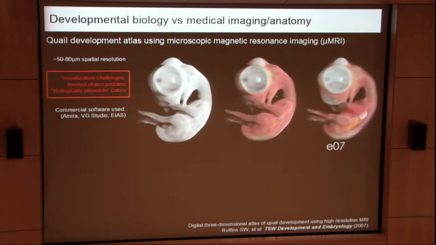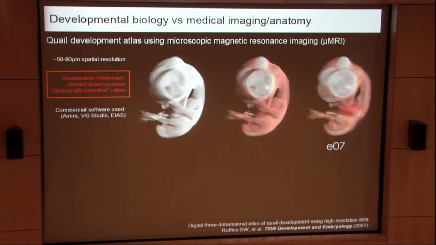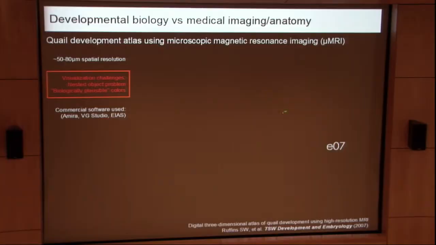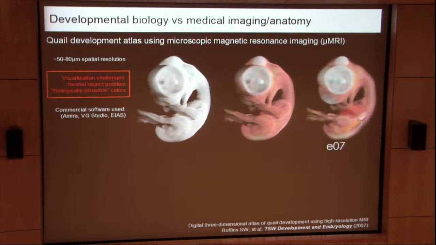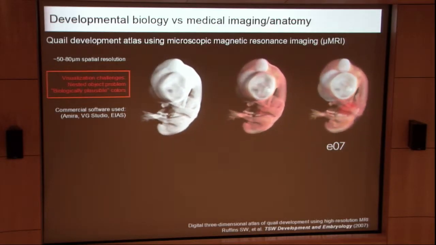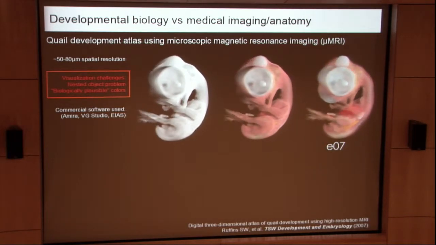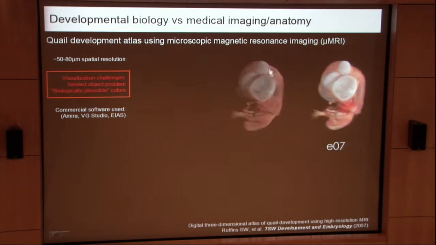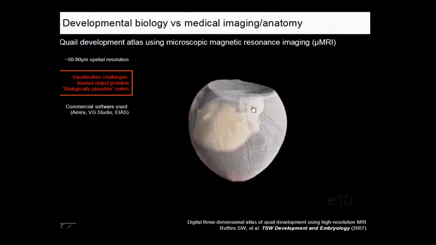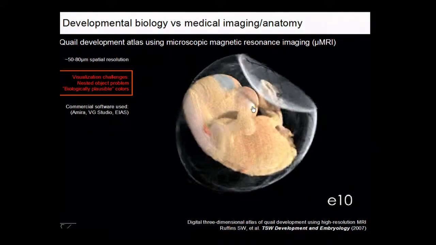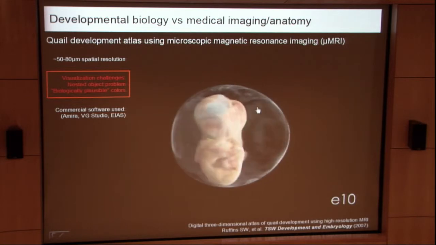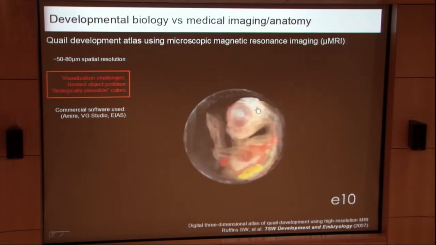It's, for instance, the nested object problem: we have several layers of tissue here, and if we want to visualize the different tissues at once, we need to use a specific transparency or a specific way to visualize the data. The nice thing here is that we can go into the egg of this quail, looking at every structure inside the embryo.